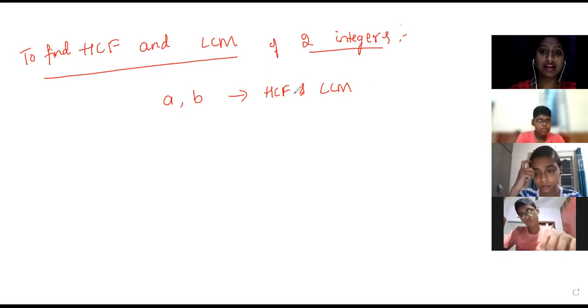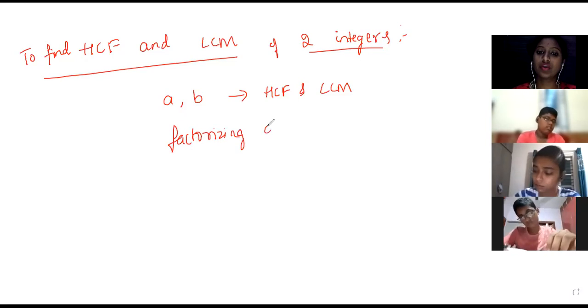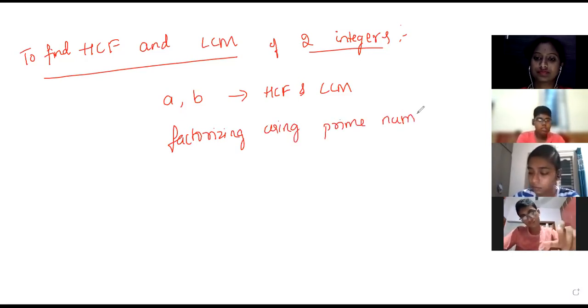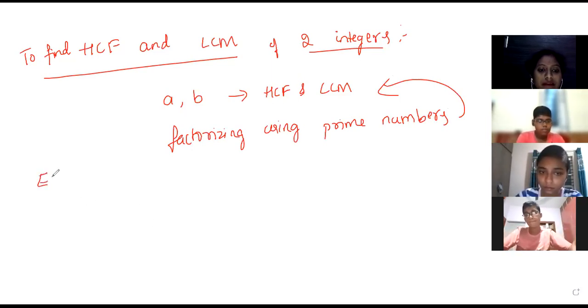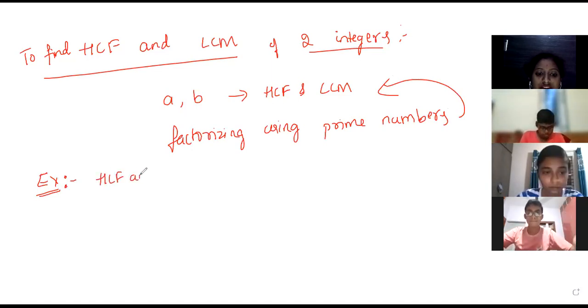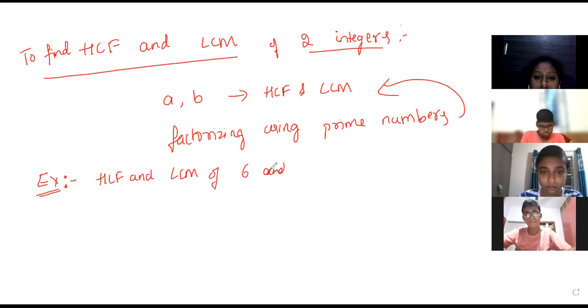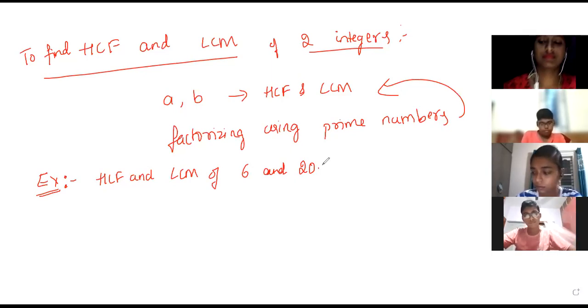Which is nothing but factorizing using prime numbers, and then finding the HCF and LCM. I'll take a simple example. Let's say find the HCF and LCM of 6.